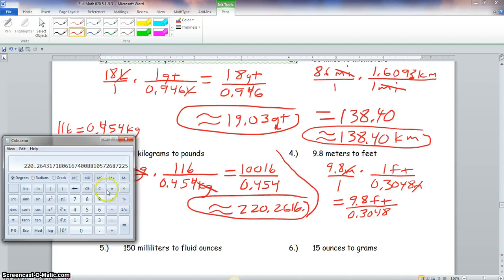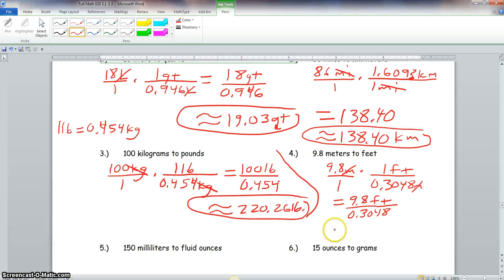Now we would take our calculator and we would take 9.8 divided by 0.3048. And that gives us, we will round to 2 decimal places, approximately 32.15. So we had 32.15 feet.